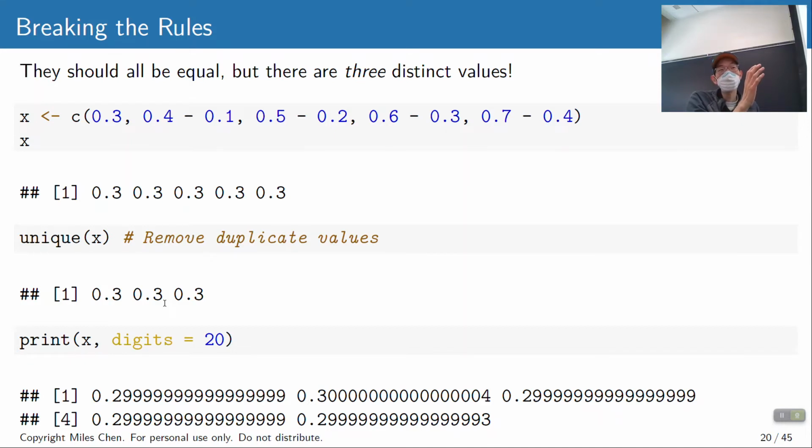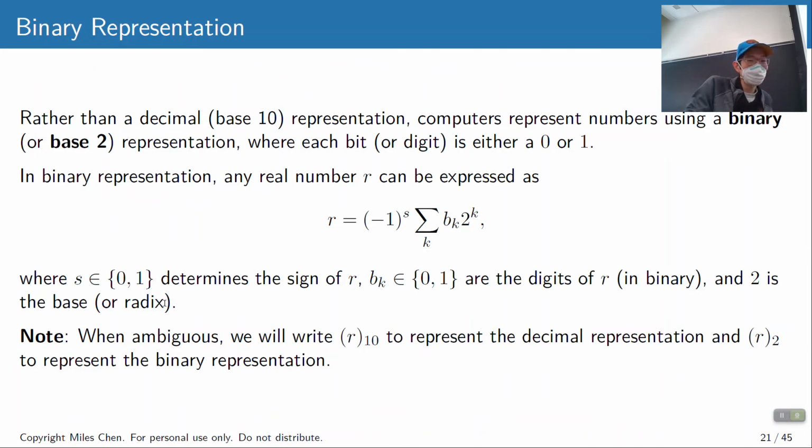Or did they actually mean to write 0.33 with a bunch of zeros after it, right? 0.33000 versus an approximation of 1/3. And if it's just this number, there's no real way of knowing which one it was supposed to be, okay? So there's this inherent uncertainty in dealing with approximations.